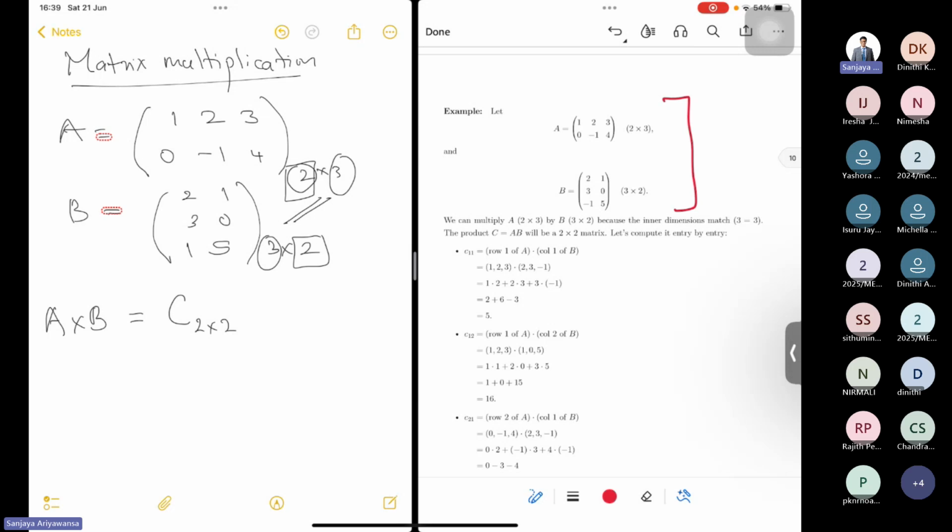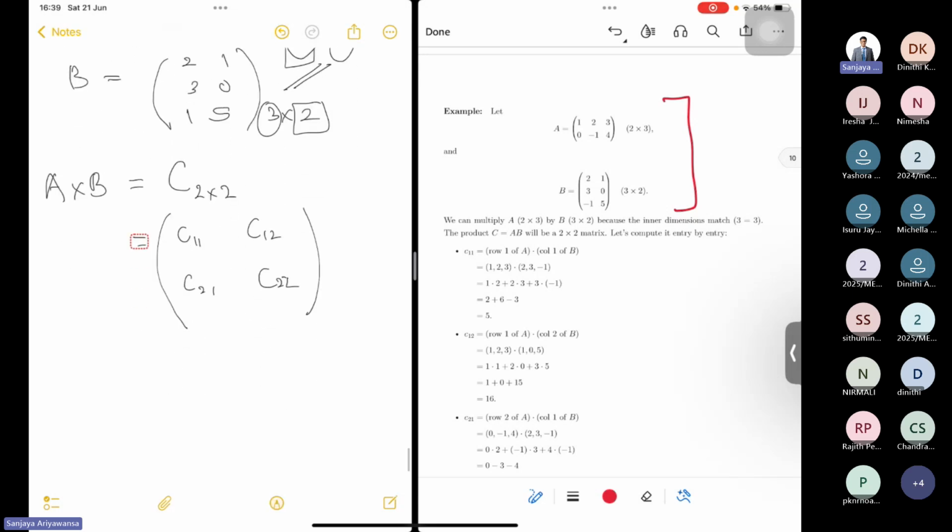Now, how do you calculate C? It's a 2 by 2 matrix, so you have different components: C11, C12, C21, and C22. How do you calculate C11, the first component?